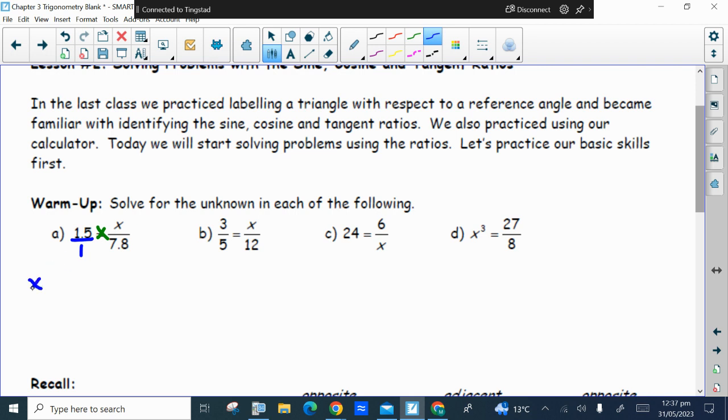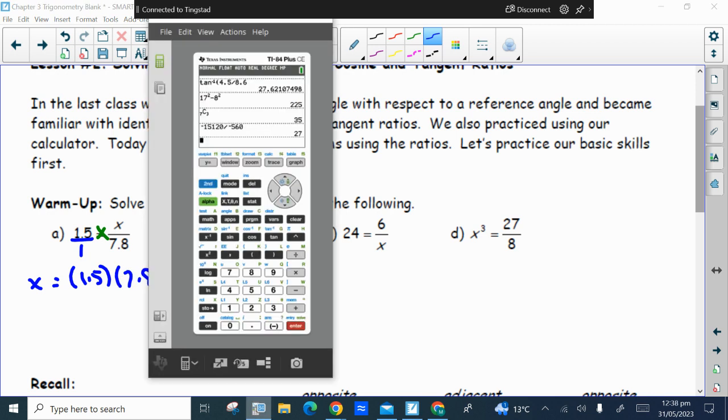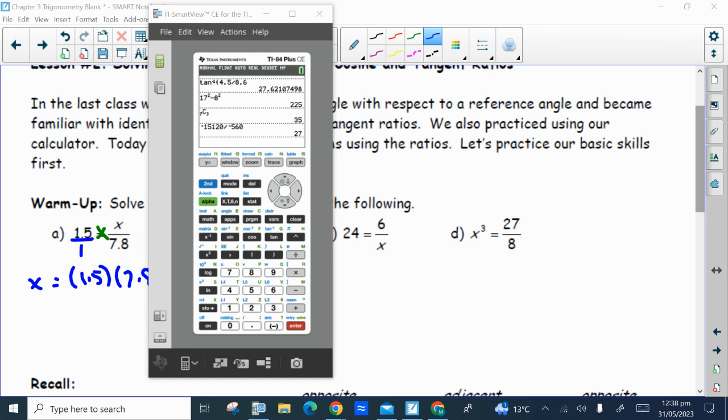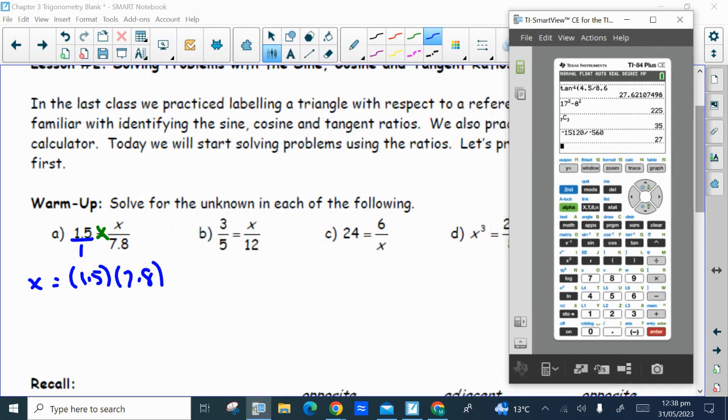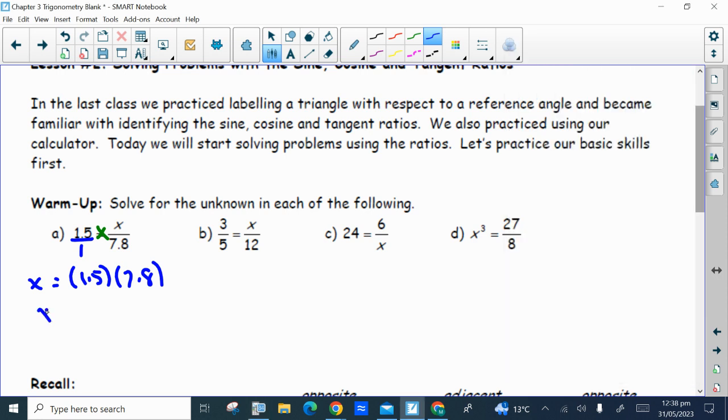So 1 times x will equal 1.5 times 7.8. So in this case, by cross multiplying, we have the variable by itself. So we can just multiply 1.5 by 7.8 to give 11.7.